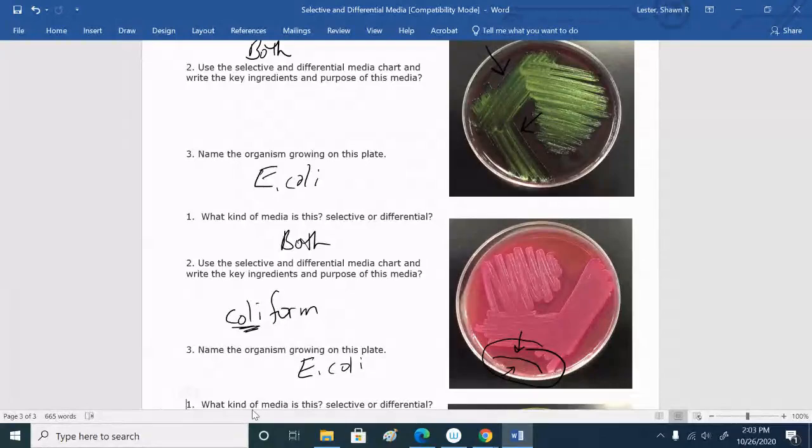What's it contaminated with? Feces, right? So you're looking for fecal contamination in your water supply. And we do that by looking for coliforms like E. coli and its friends. And one of the distinguishing characteristics is lactose fermentation.